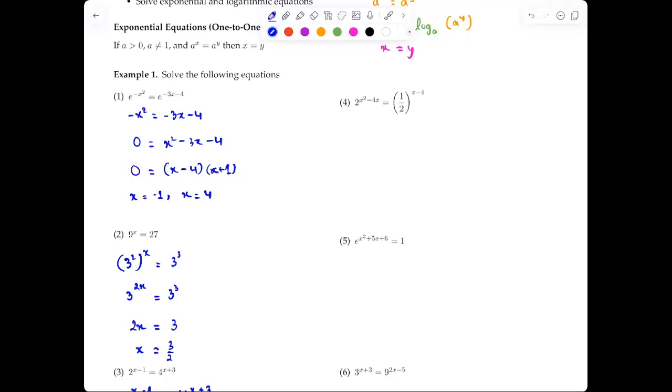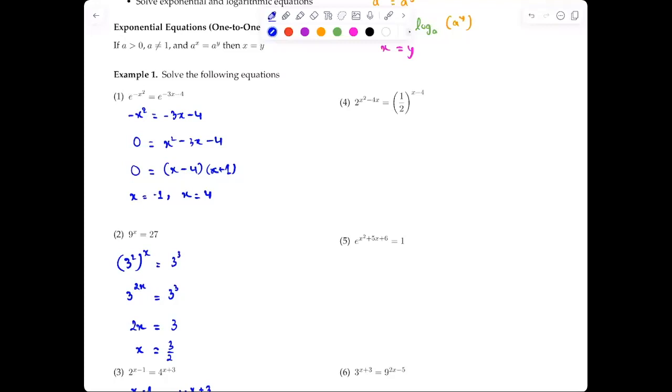All right, so number 4 here is that, again, the bases are different, but you can turn the 1/2 into something related to 2. Right. So you can rewrite 1/2 as 2 to the negative 1. You with me on that? Again, remember the phrase, when you cross the line, you change the sign, right?